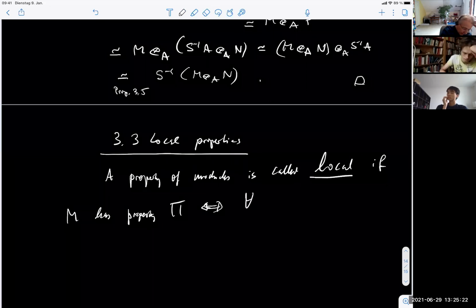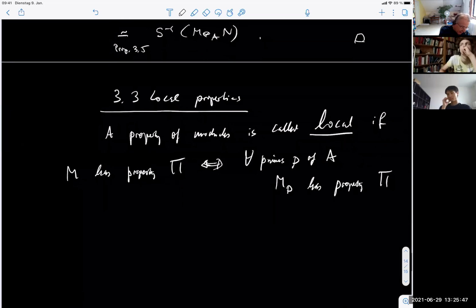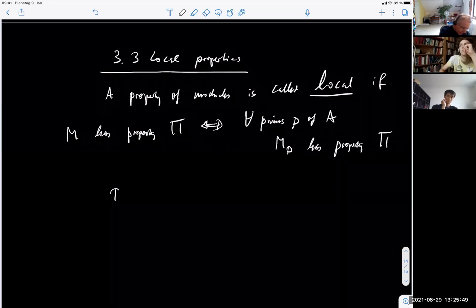For all prime ideals P of A, the localization has this property. So if there is something unclear about the definition, as soon as we look at the examples, you will understand what I mean.